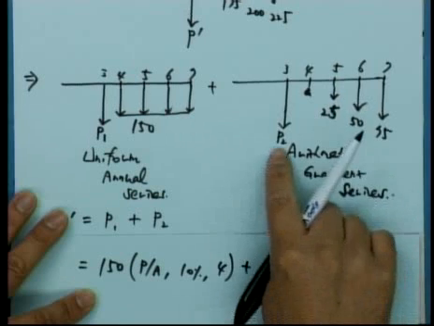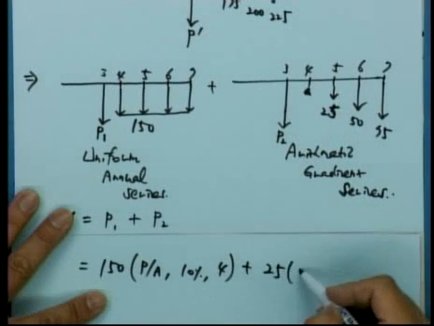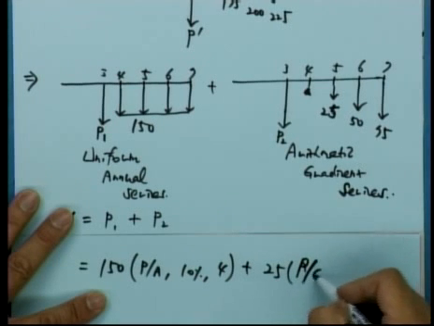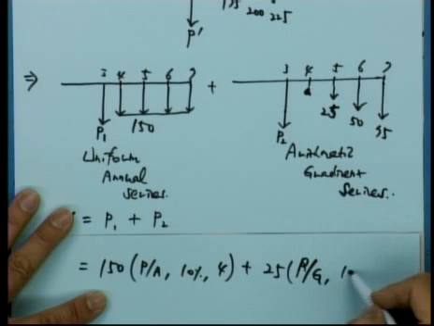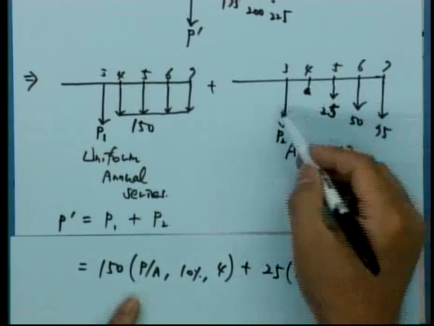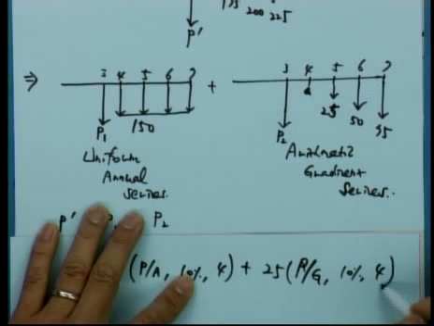Plus P2, which is 25 times A given G, P given G, and 10% over the next 4 periods, right? 3 to 7, which is 4 periods.